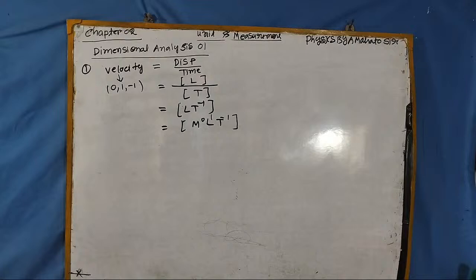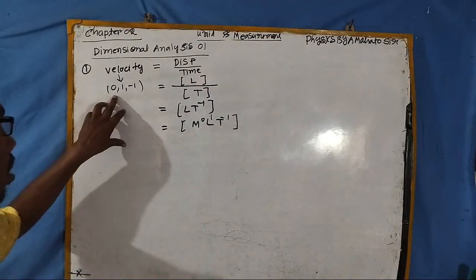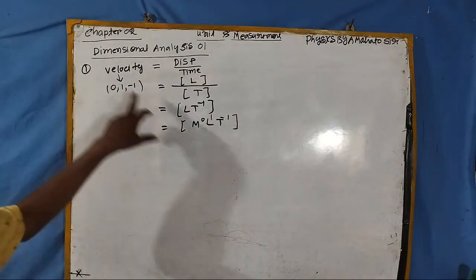So mass power is 0, length power is 1, time power is minus 1.